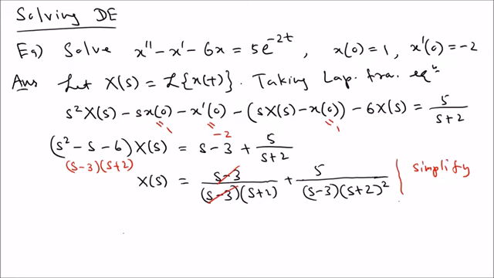What we have is 1 over s plus 2. We leave that there because we already know the inverse of that. And we only need to find the partial fraction of this term, s minus 3 times s plus 2 the whole thing squared. So let's find the partial fraction of that.